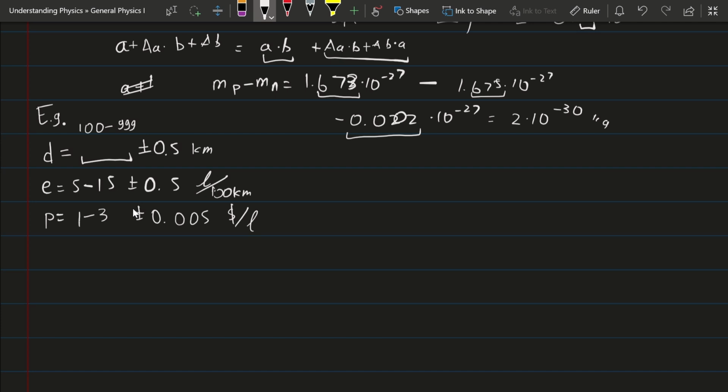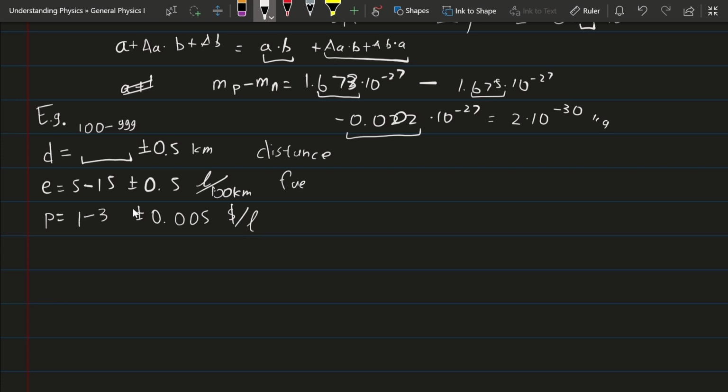So now I have an example question in which you have a car and you want to travel a certain distance with an error of about 0.5 kilometers, and you have the fuel efficiency in liters per 100 kilometers of a certain fuel.